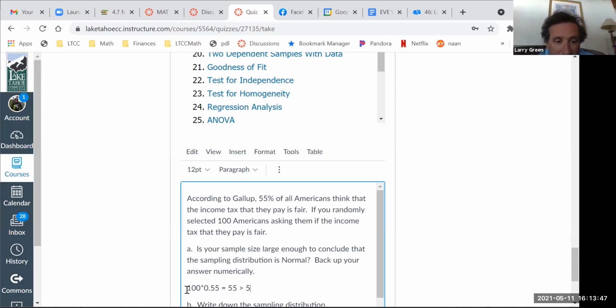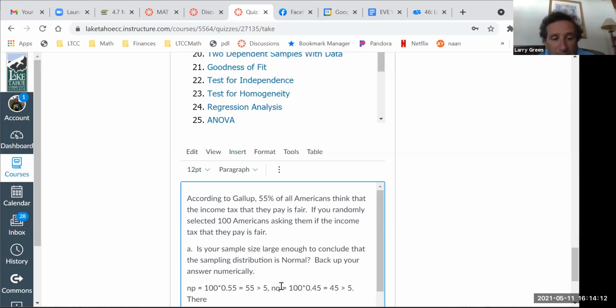Let me write down the symbols just to show you. That's np. And we also need nq. nq is 100 times 1 minus 0.55, or 0.45. And that's 45. And that's greater than 5.